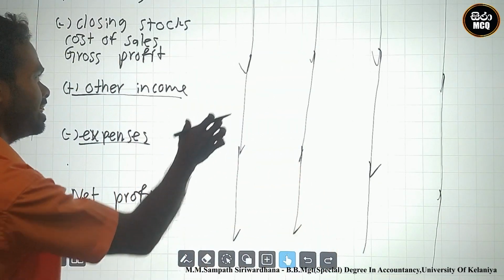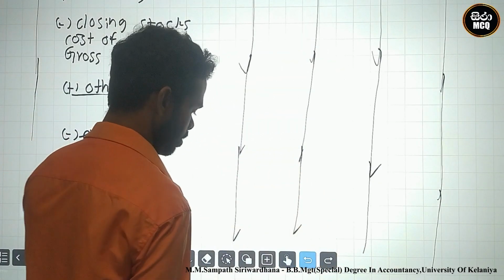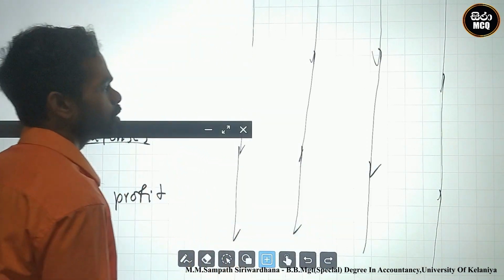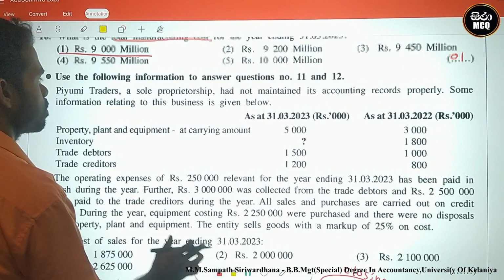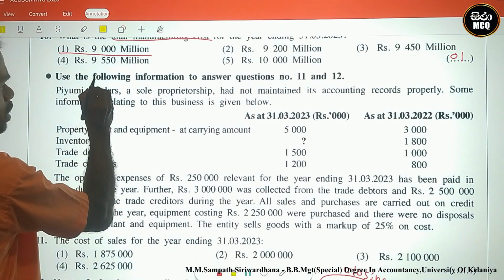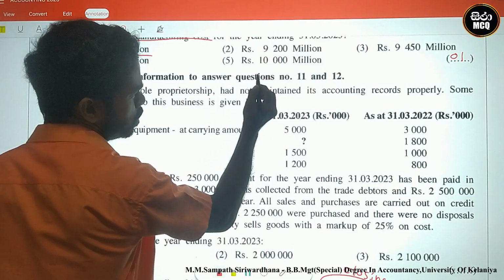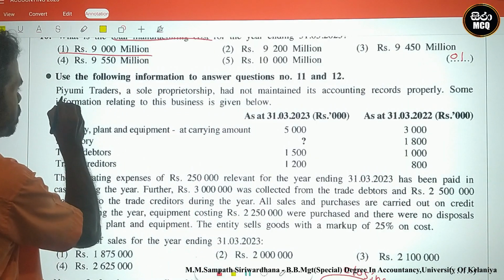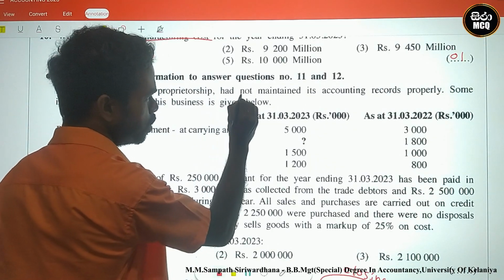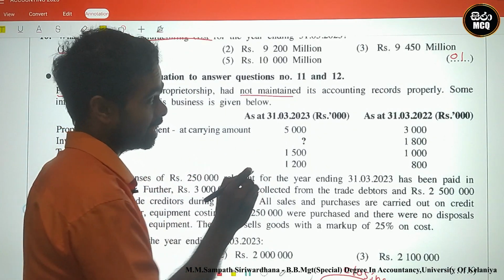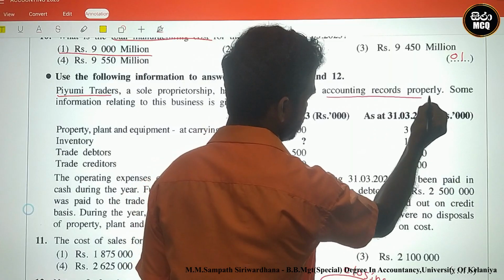Okay, let's see the question. You use the following information to answer questions 11 and 12. Pumi Traders is a sole proprietorship that had not maintained its accounting records properly.